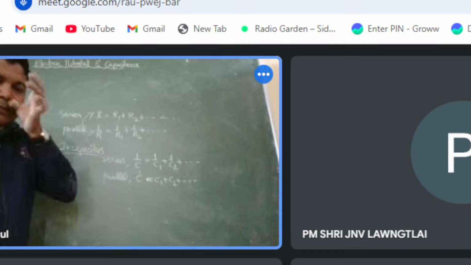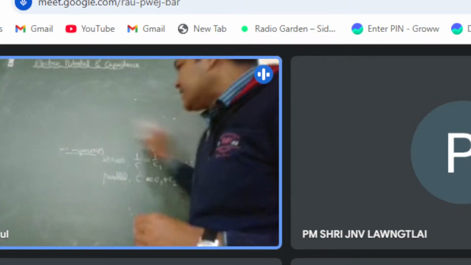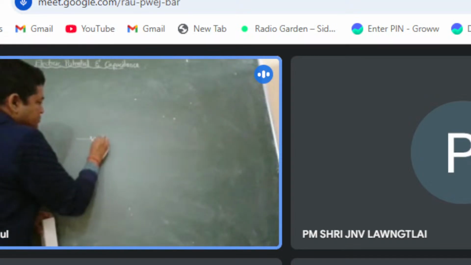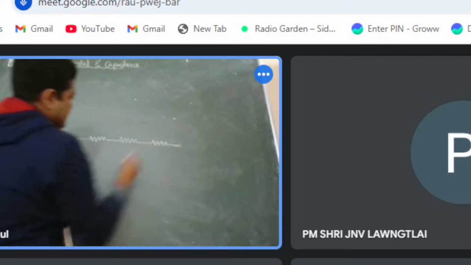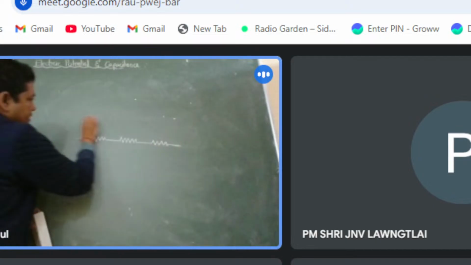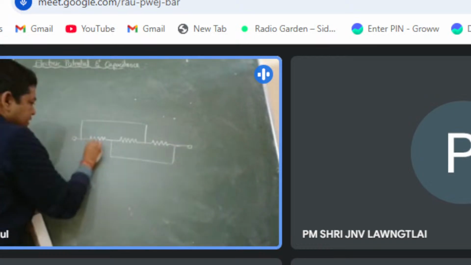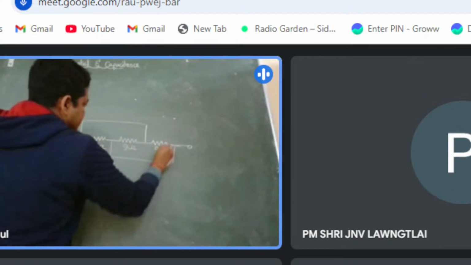So let us do one numerical. Suppose someone can show this one. Suppose there are 3 resistors. You can have this one, this is 1, this is 2, this is 3. Can anybody solve? Say this is 9 ohm, this is 9 ohm, and this is 9 ohm.